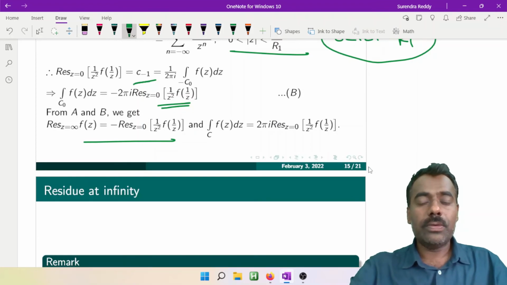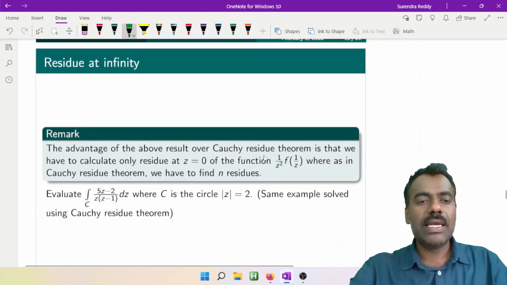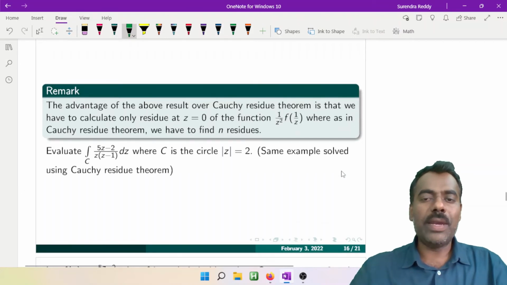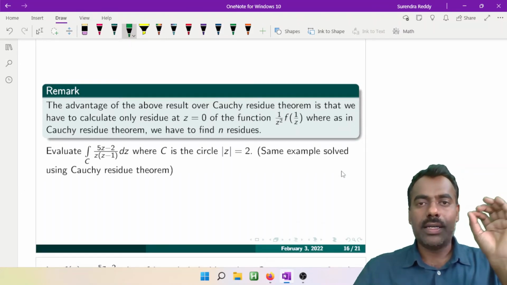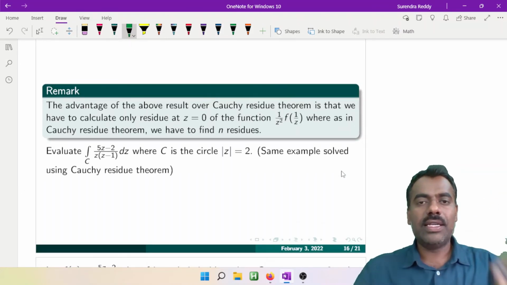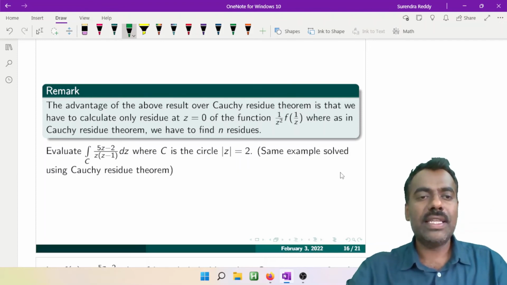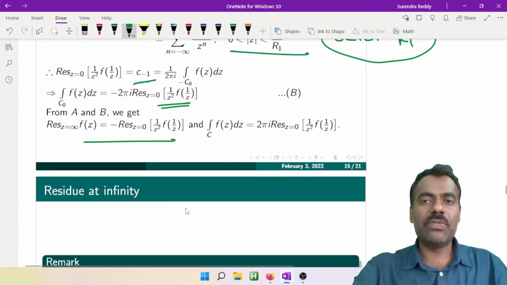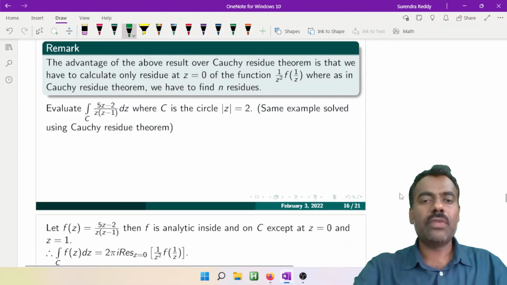Now, what we have seen is that using this residue at infinity, our Cauchy residue theorem has become simpler. That is the advantage of having this residue at infinity, right? No matter how many singularities it has, as long as it has only finitely many singularities, we can apply the result, or we can take the help of the residue at infinity and calculate.